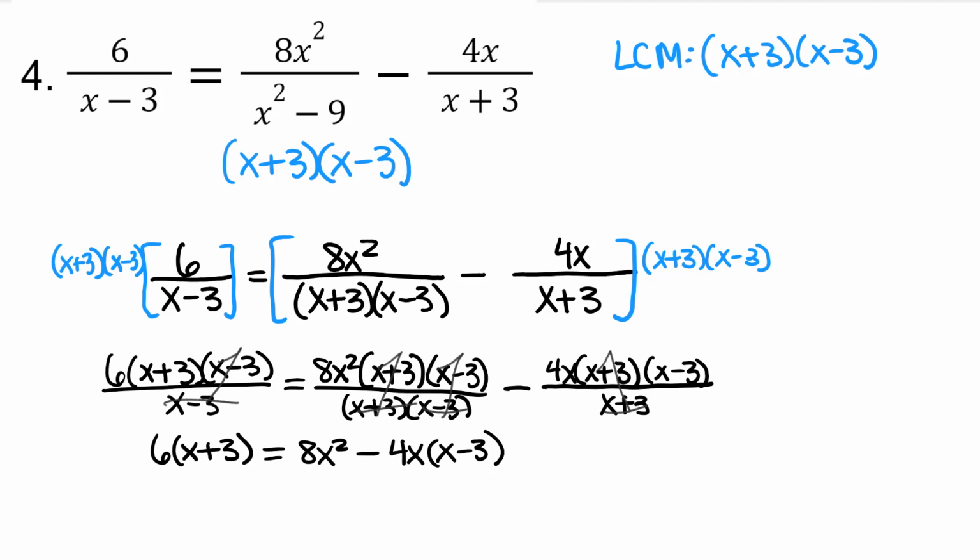Distribute, and it looks like we have a quadratic, so we'll want to bring everything to one side to make this equal to 0 and see if we can factor.